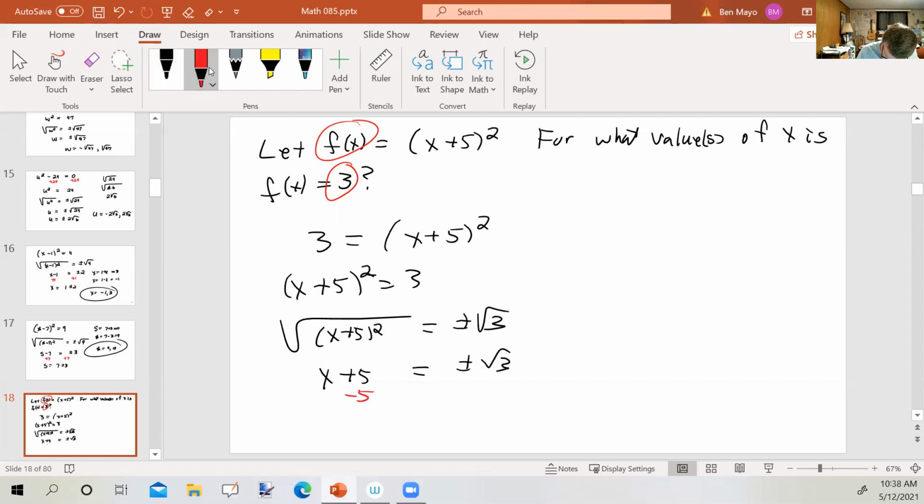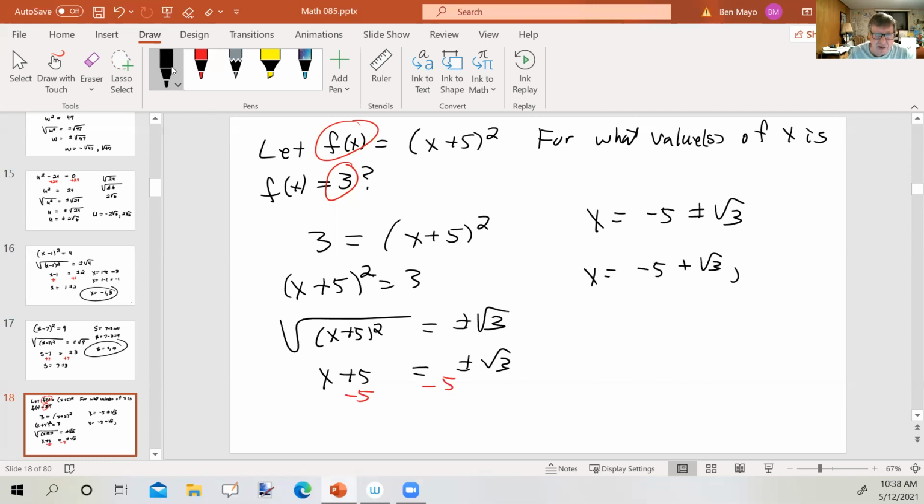Then we'll come back and subtract 5. So we get x equals negative 5 plus or minus the square root of 3. We can't do anything to simplify the square root of 3. So x equals negative 5 plus the square root of 3, and negative 5 minus the square root of 3.